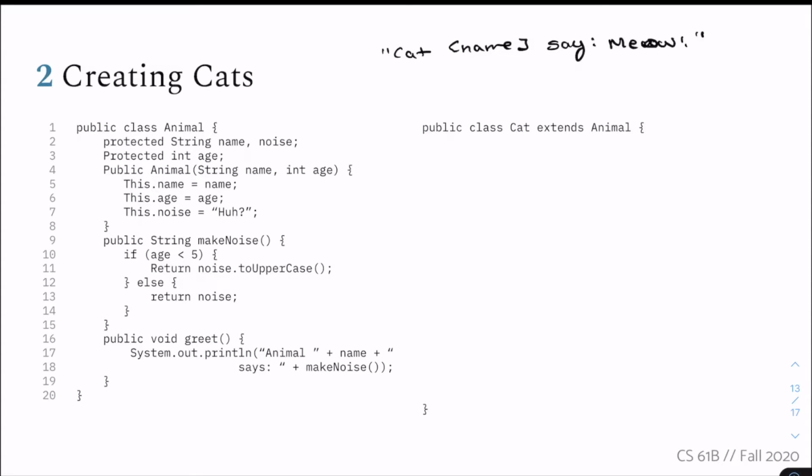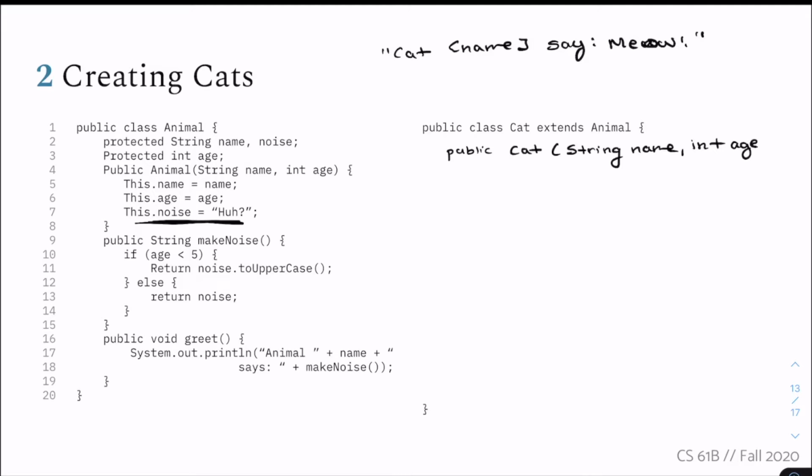Okay, so the first thing that we have to do when we're starting this problem is create a constructor for our cat class, right? Because we don't want the noise that's here right now to be huh. We want it to be meow. So we can create public Cat, which is just how we initialize a constructor, with String name, same as the animal constructor.